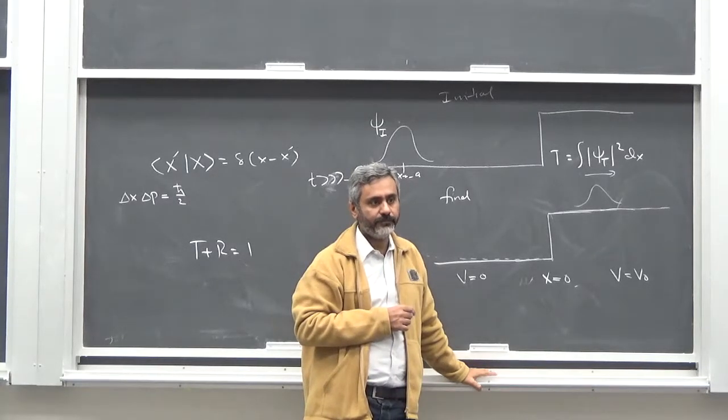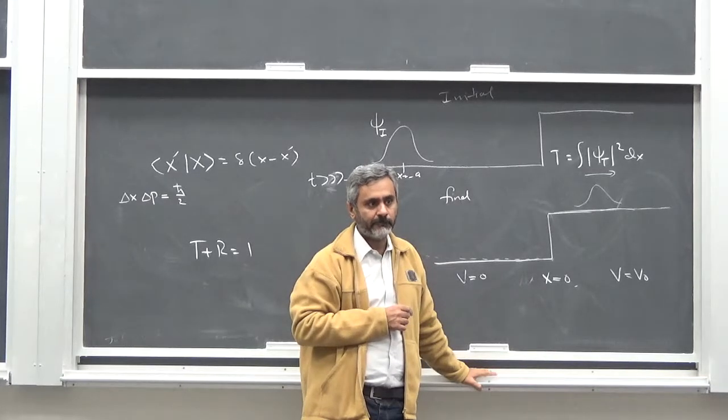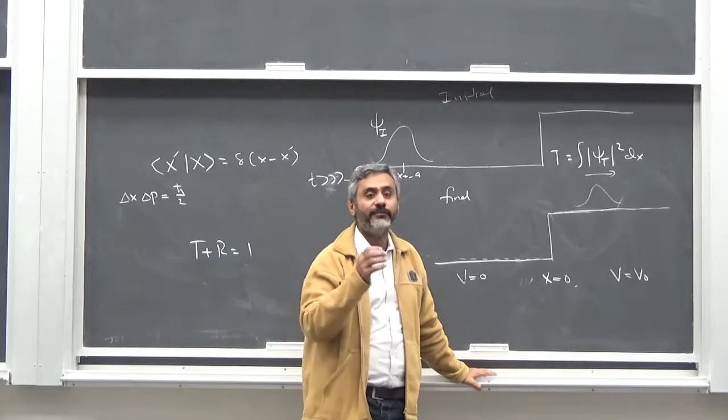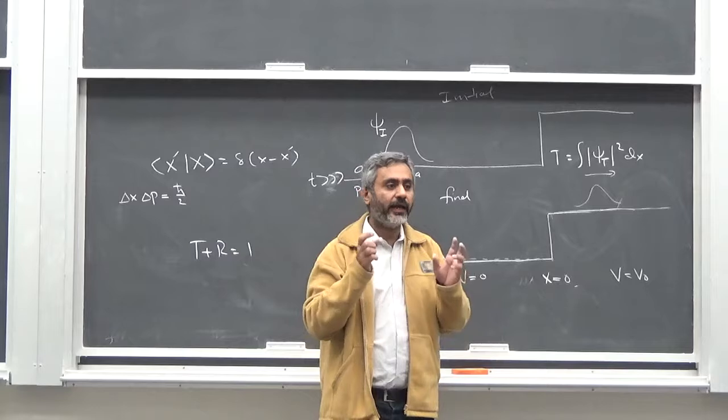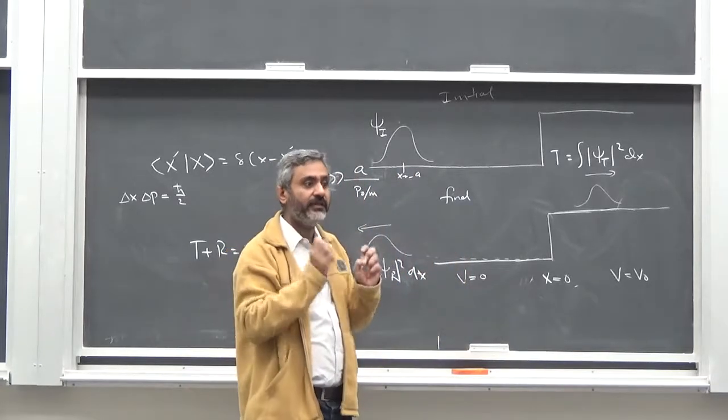If the particle is originally a long way off from the step, then at T equals 0, we won't be able to have both the reflected and the incident. You would have something like that, very small things, but you won't be able to identify them cleanly.